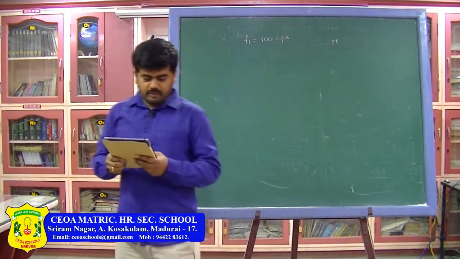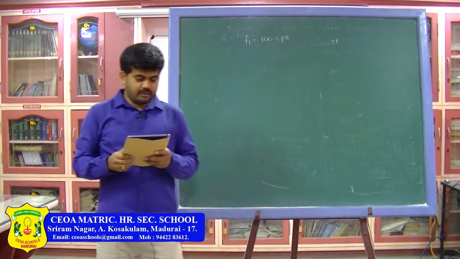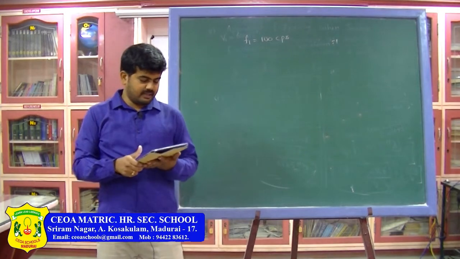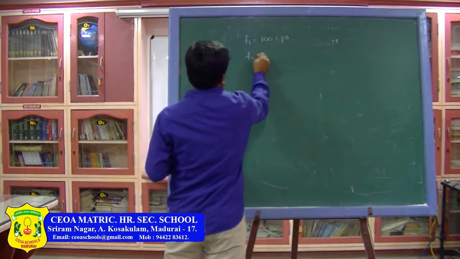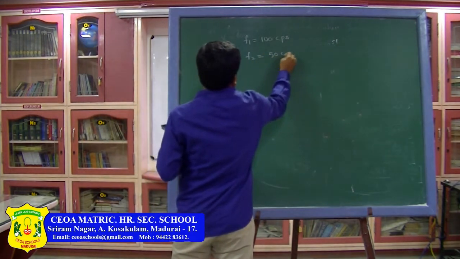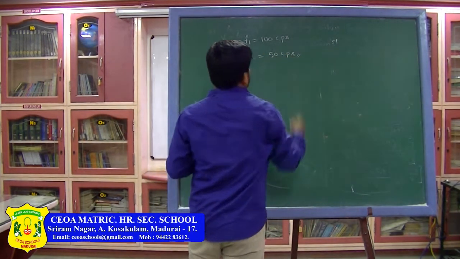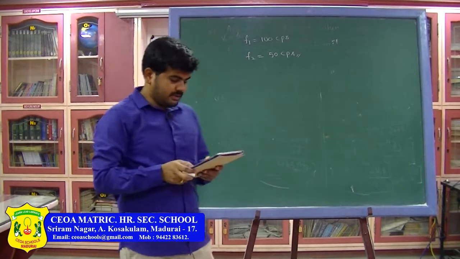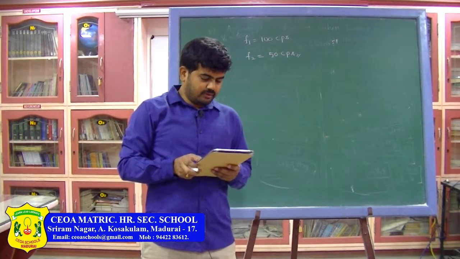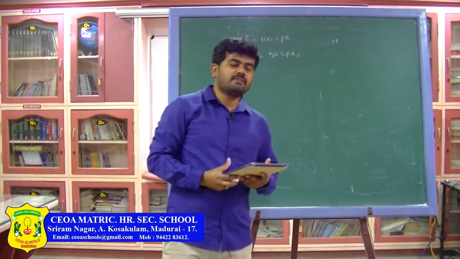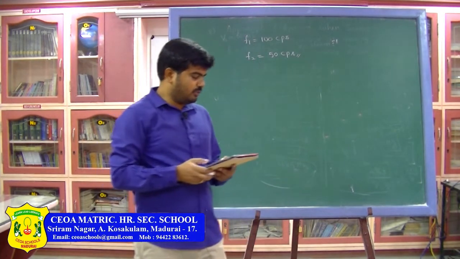When it has passed the observer, the frequency is 50 cps, that means when it is moving away from the observer, the frequency is 50 cps. Then the question is, calculate the frequency when the observer is moving along with the train.